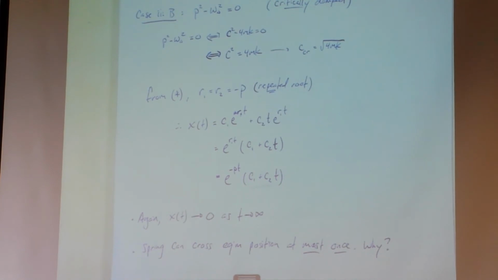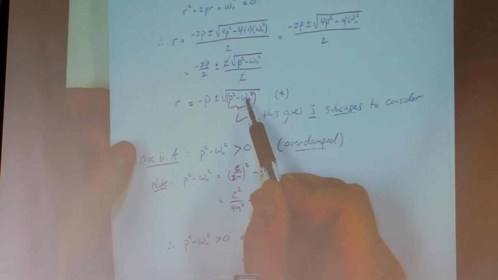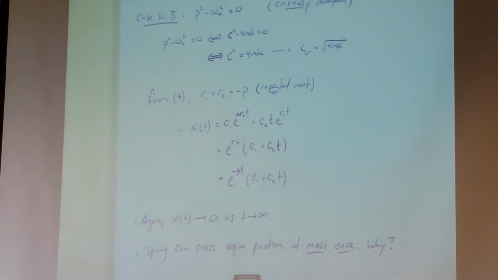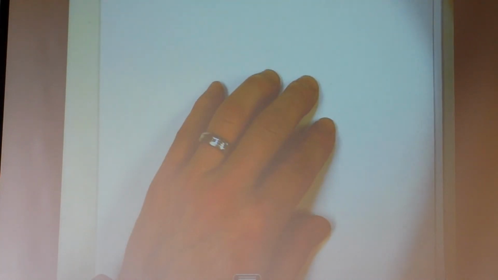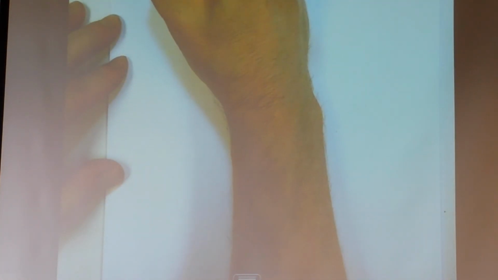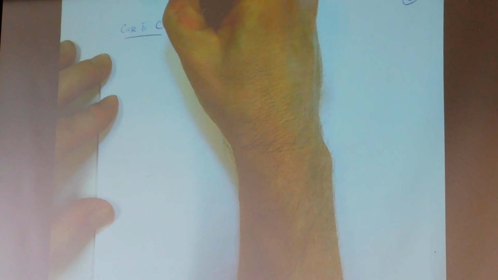All right. So one last case, and this is 2c. Again, to go back, these are our 3 cases involving p squared minus omega naught squared under the radical. So which one did we not consider yet? p squared minus omega naught squared less than 0.